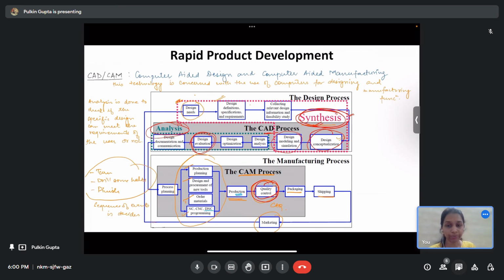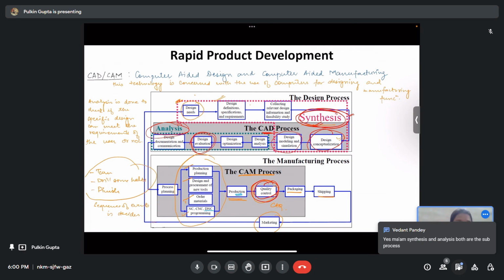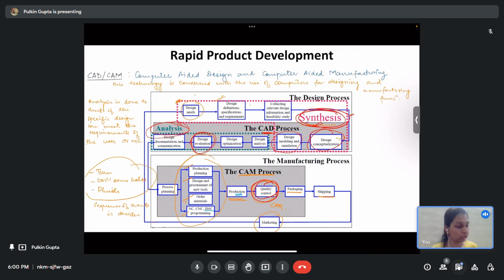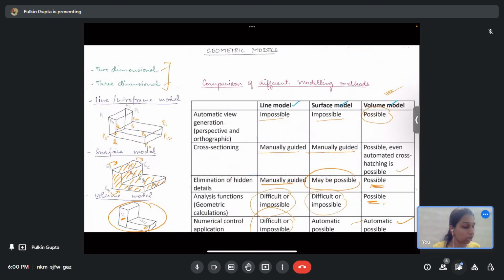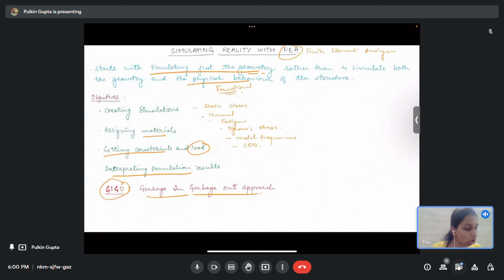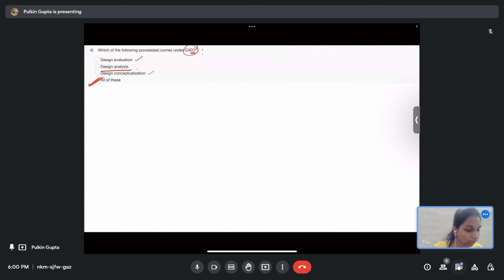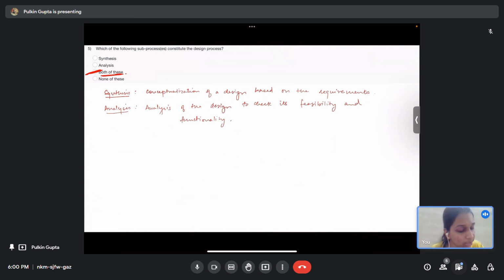Both are a sub part of the CAD process only, and CAM is a different process wherein you go to the manufacturer, your part is produced, then it is checked for quality standards, packed and shipped. So in the options we had analysis and synthesis both. So the correct answer will be both of these.